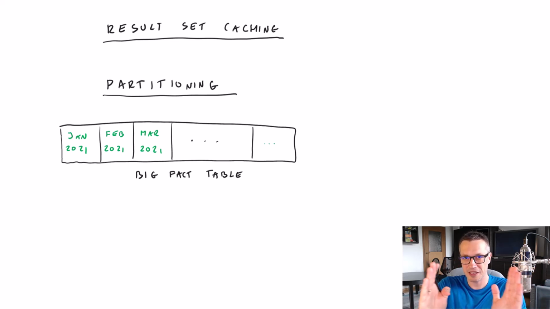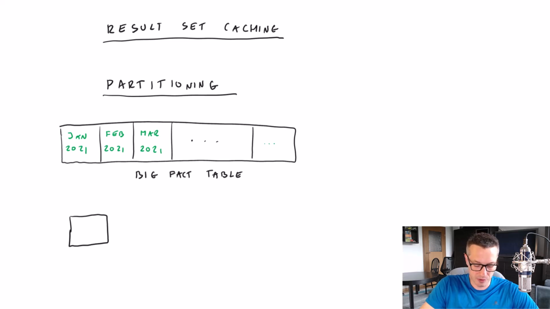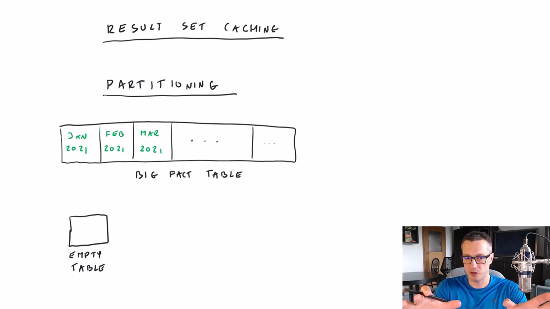When we have a sliding window of data of particular range, in our case 3 years, it would look like this. So we would create yet another empty table. Its schema, its structure would be exactly the same as the structure of our big fact table.